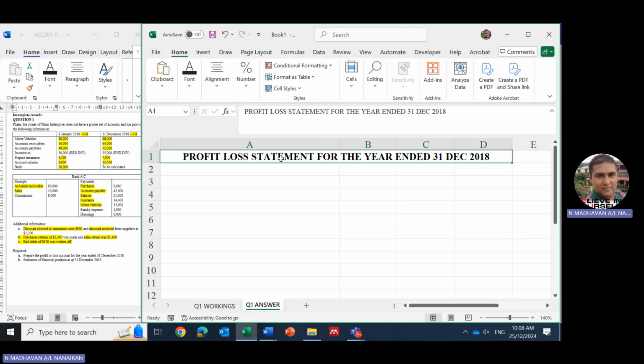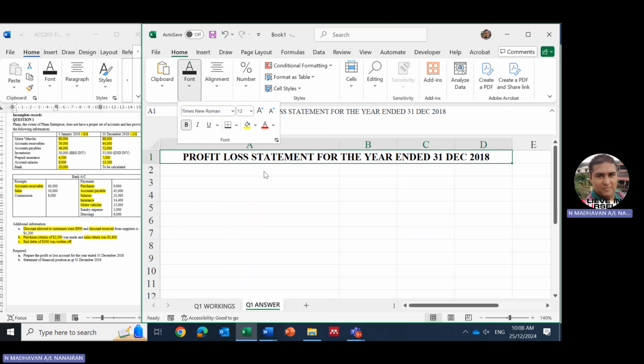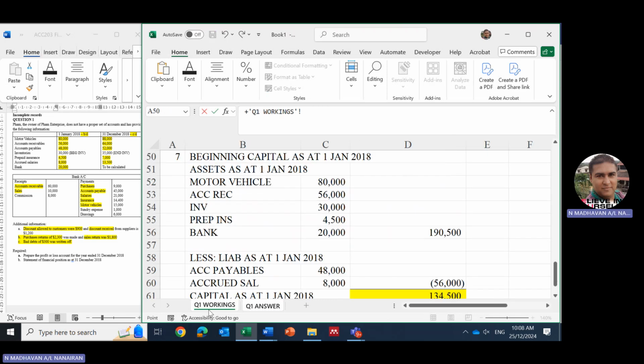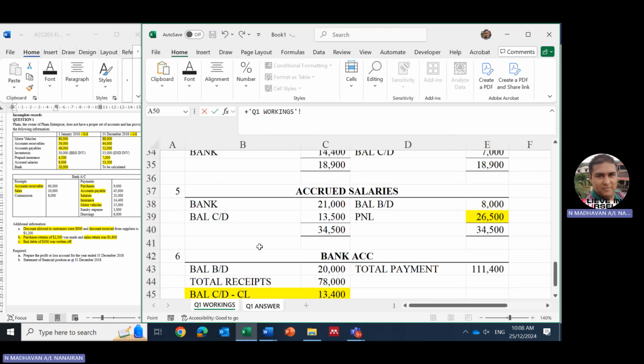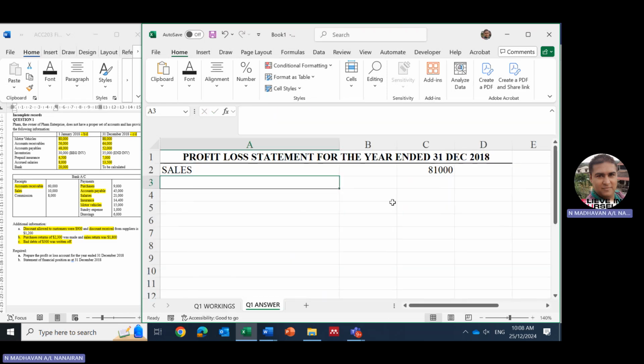So how do we start? How do we start our P&L? People, how do we start our P&L? Sales. How much is sales? We did it already before, right? Sales is 81. Less sales return.